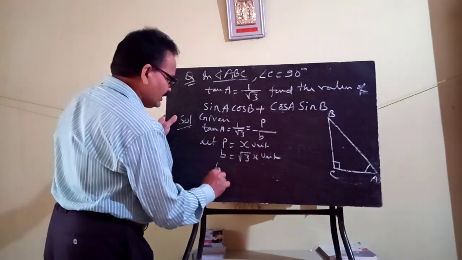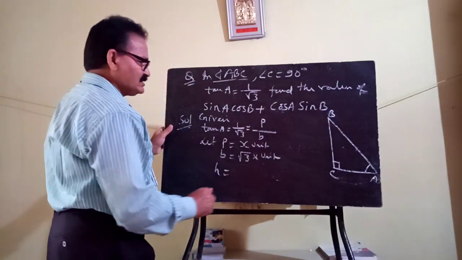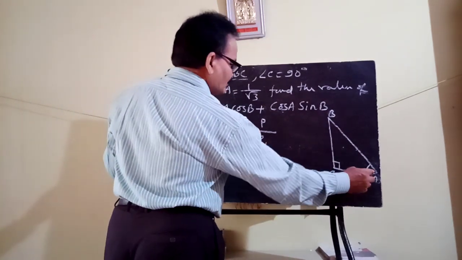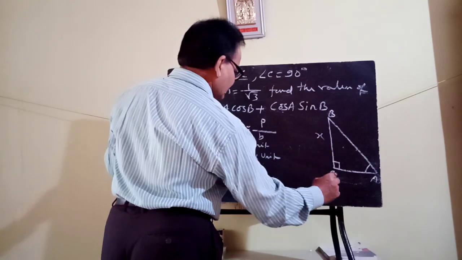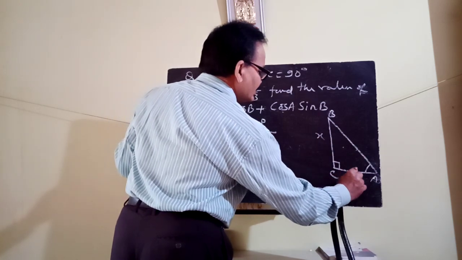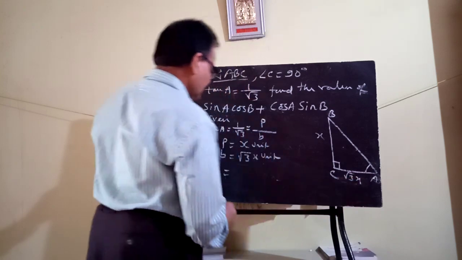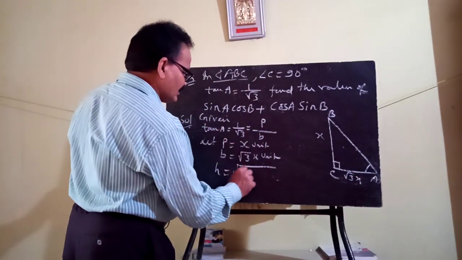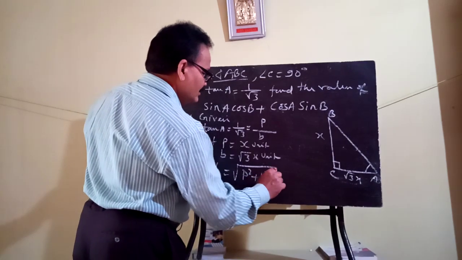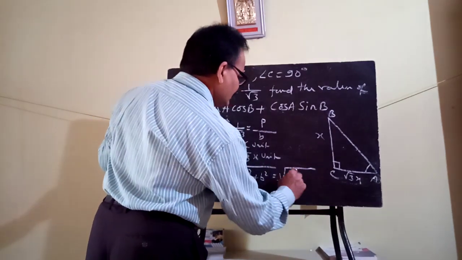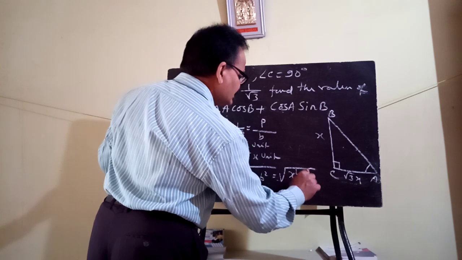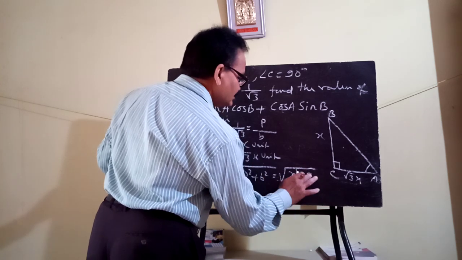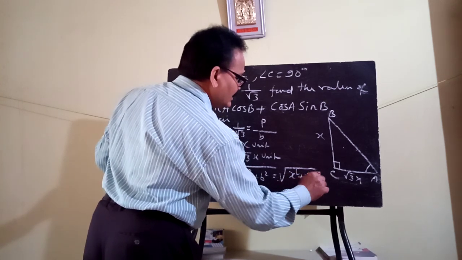First find H. For H, the square root of P square plus B square, means the square root of x square plus root 3x square.